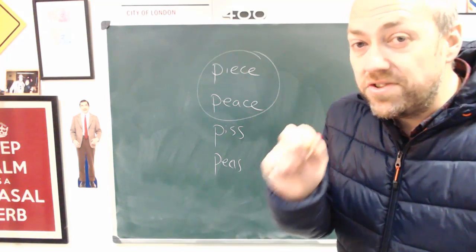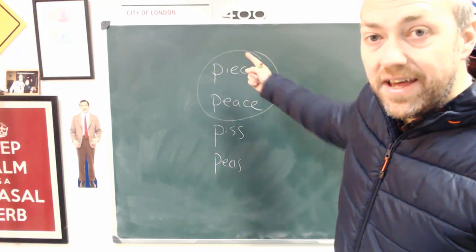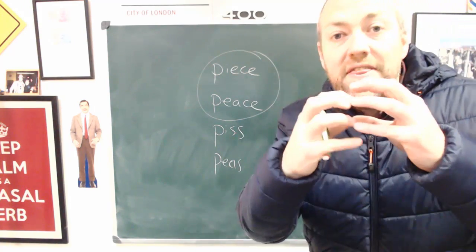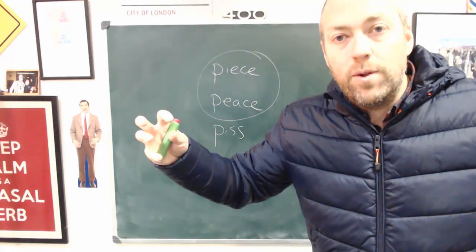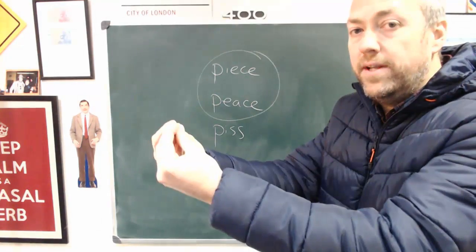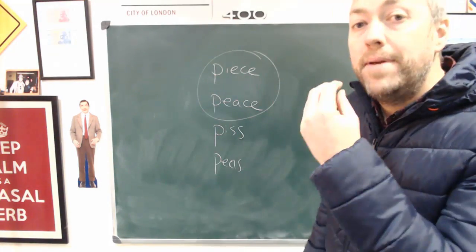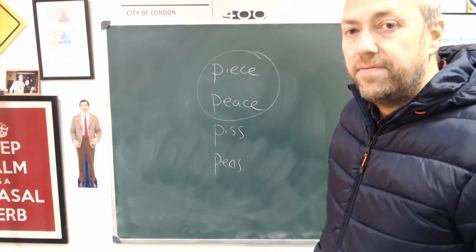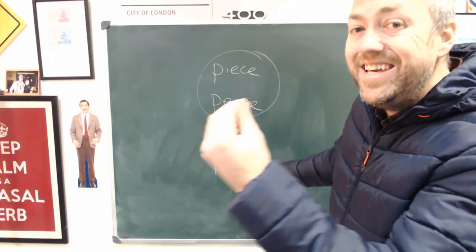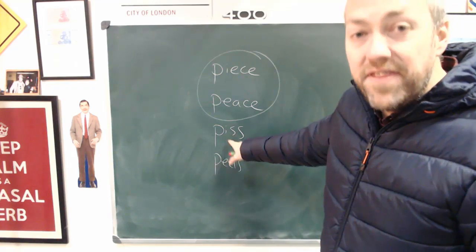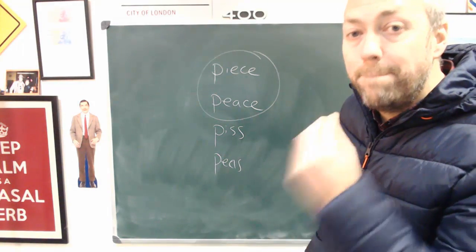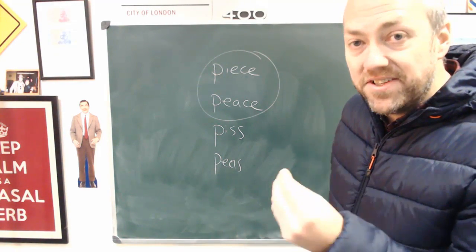And what's interesting, the difference between this and this is the length of the vowel, how long the vowel is. This is peace, peace, okay? But this is shorter, piss, piss.